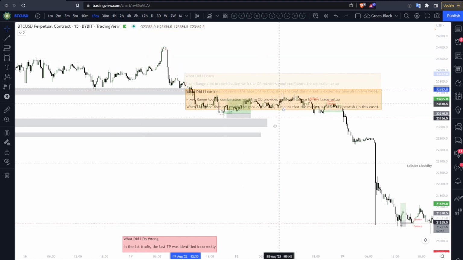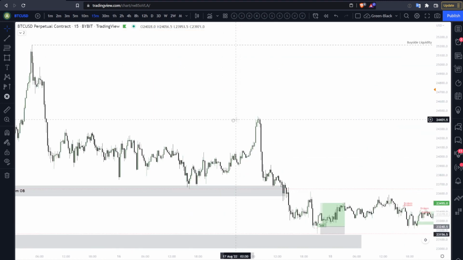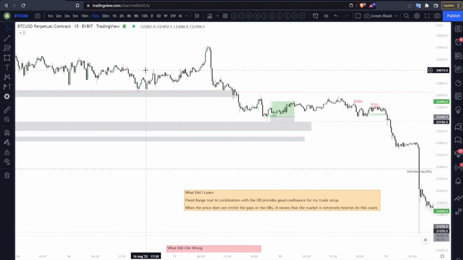So in my first trade we had this trade setup based on the fair value gap, and then when the price shot up higher and came back down, it revisited the order block. So what I could have done was taking a larger percentage of profits in this take profit 1 and then compounding them when the price revisited the order block.